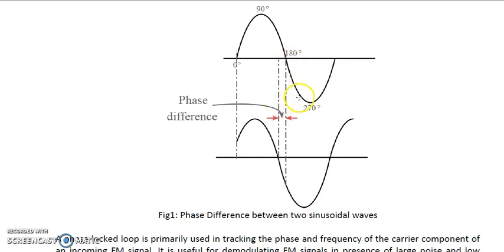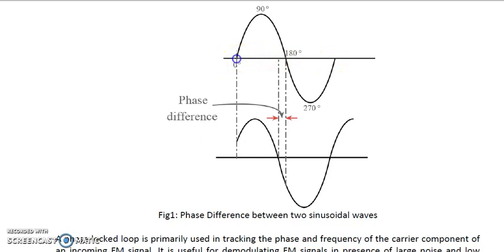Phase difference is always taken between two waves. Here we are able to see two sinusoidal waves. This sinusoidal wave has a time period of this much, from here.